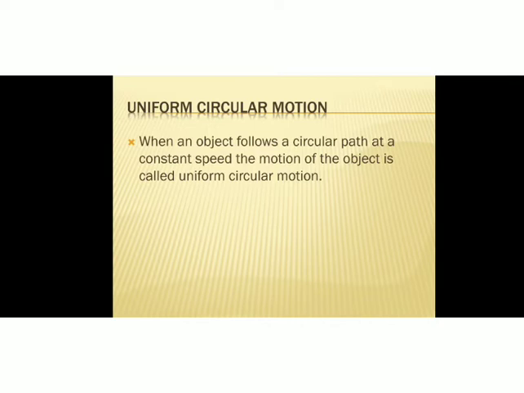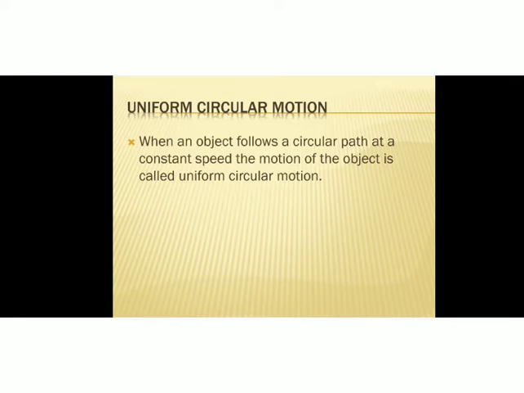At each point of the circular path, the object changes its direction. Hence, the velocity of the object will also change, because velocity means speed plus direction. So if either the speed or the direction changes, the velocity changes. Here the direction of the object changes as it goes along a circular path. Even if it is moving with a uniform speed, the velocity of the object will change.